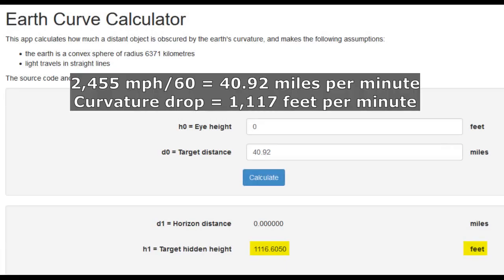As an extreme example, an SR-71 going Mach 3.2 or 2,455 miles per hour at 80,000 feet, where the air pressure is very little, would need to drop approximately 1,117 feet every minute to maintain level flight.